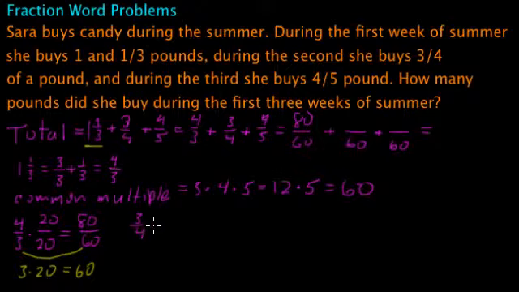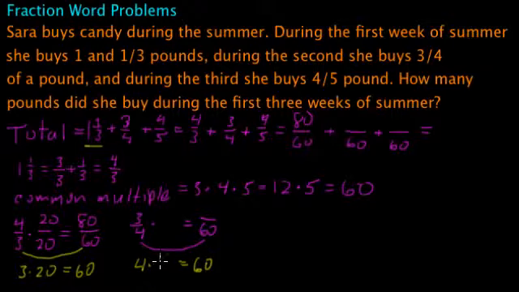3/4 times some expression of 1, and I'm going to get 60 for a denominator. Well, in a similar manner, I take a look at this 4 and 60, and 4 times what number equals 60? Well, 60 divided by 4 is 15.